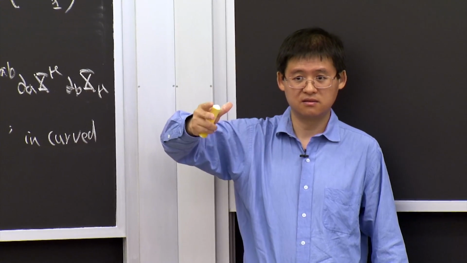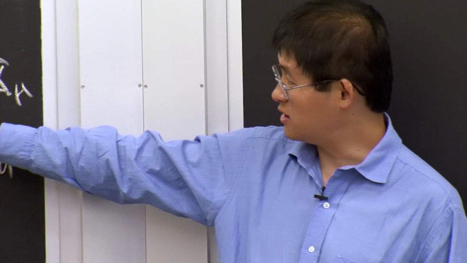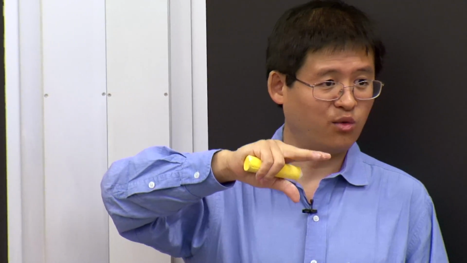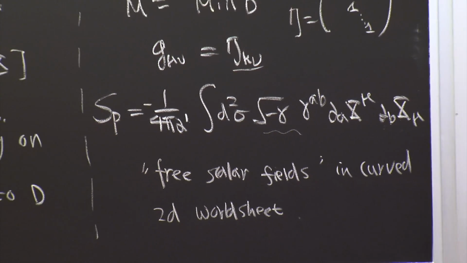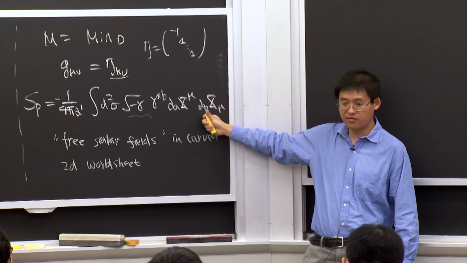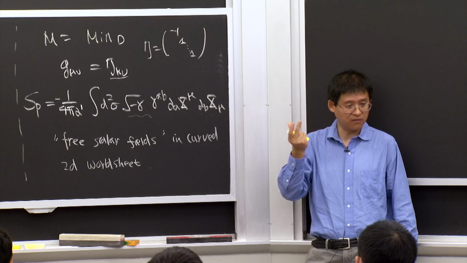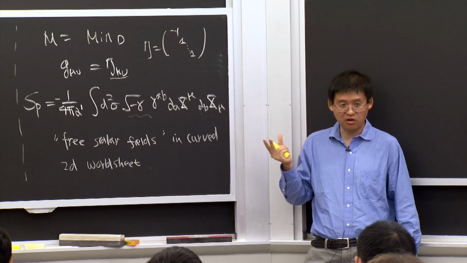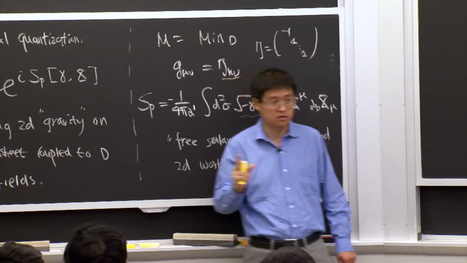You might have learned in your quantum field theory class that you cannot change the sign of your kinetic term, otherwise you get instability, because your Hamiltonian will be unbounded from below. So our story here has two unusual features: you have to integrate over gamma, and one of the scalar fields has the wrong sign of the kinetic term. We will see that these two features actually solve each other, and this is actually a consistent theory.